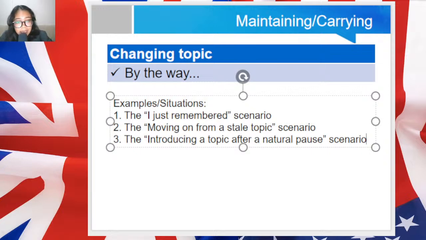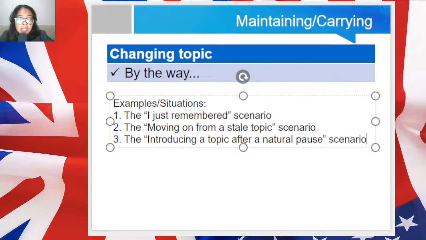Something like that. So in this case, the phrase helps friend B restart the conversation with a new topic. It prevents that awkward silence, and it shows that friend B is thinking and wants to continue the chat. The secret of using "by the way" successfully is to have the right tone of voice.